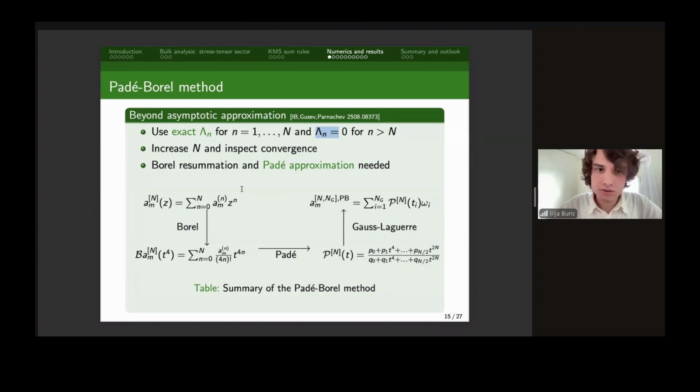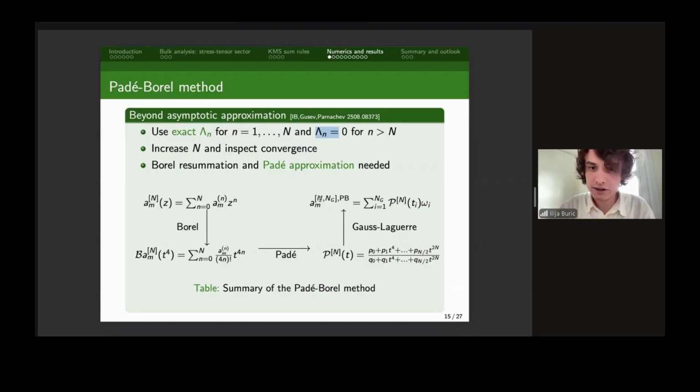So in order to make sense of this result, we performed another Borel resummation, also using Pade approximation. We took the a_N result that we got, promoted it to a function, then took a Borel transform of this function, which produces a polynomial in the Borel plane. This polynomial is replaced by a rational function, and it is this rational function that we take the inverse Borel transform of. This gives a finite result for the OPE coefficient.